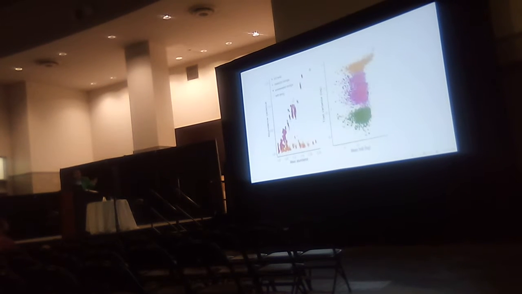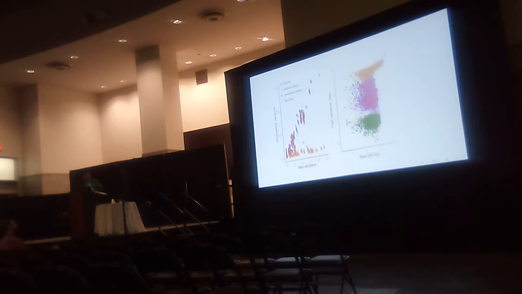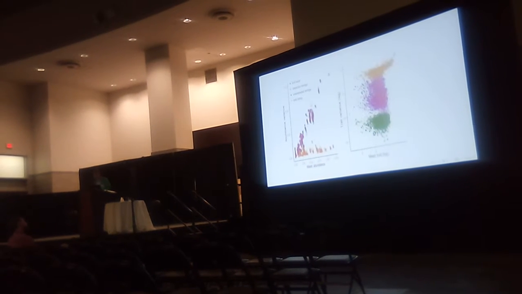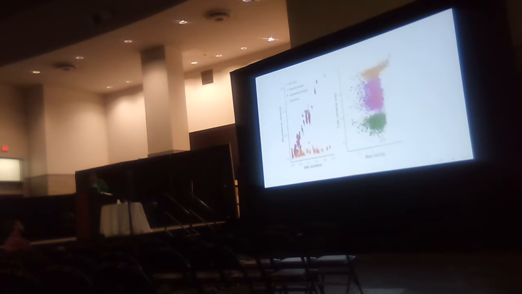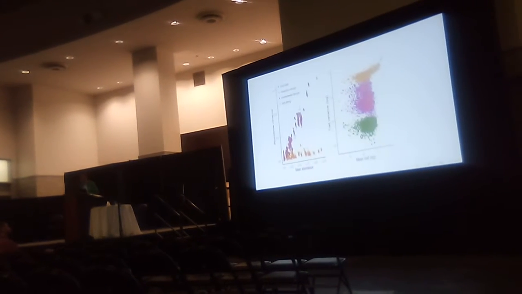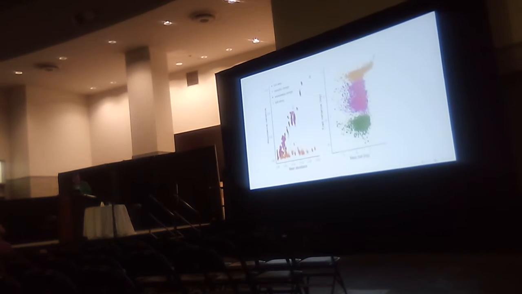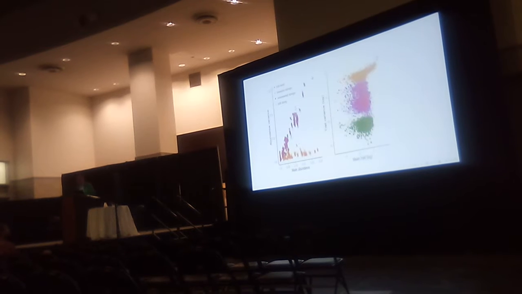On the left side, you see in the x-axis the mean abundance, and on the y-axis the abundance variance for 40 scenarios. In the first, both biotic and abiotic stressors are weak, so we are in a neutral scenario. We have just drift. The traits don't matter, it's just population drift.